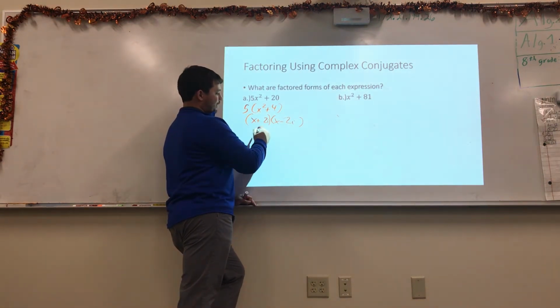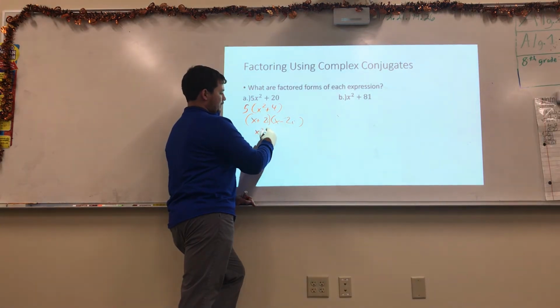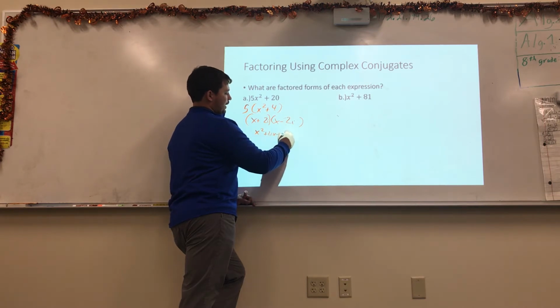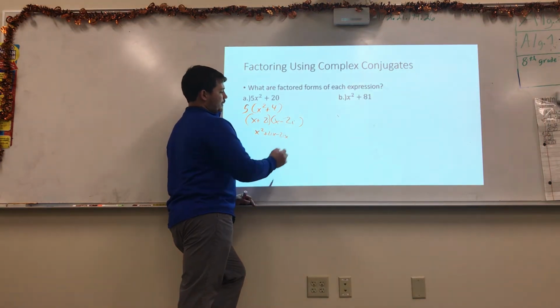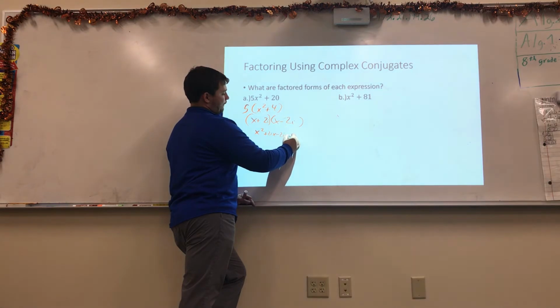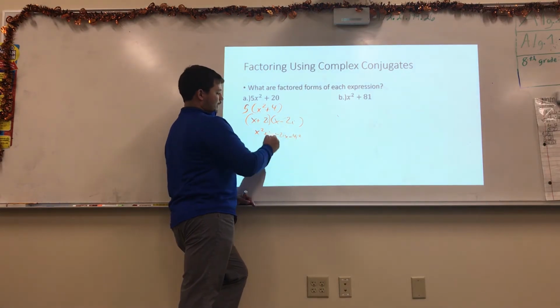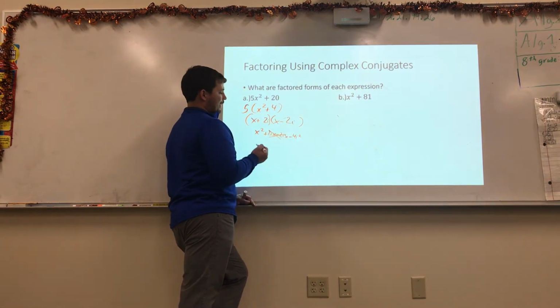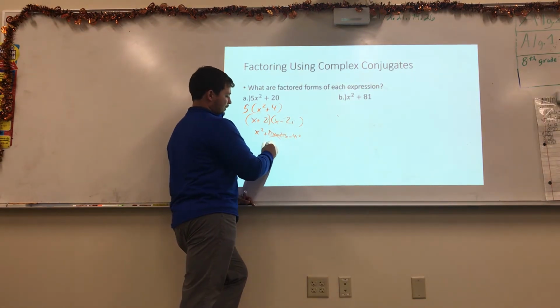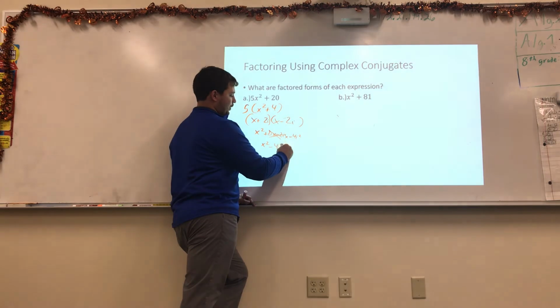You'll see in a second, as I go back and factor this, x to the second plus 2ix minus 2ix minus 4i to the second. This is going to cancel out. We wanted that to happen. That's awesome. We have x to the second minus 4i squared.